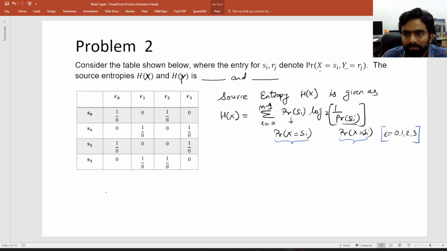Anyone? How do we find, let's say, probability X equal to S0? We have to find probability X equal to S1, probability X equal to S2, and similarly probability X equal to S3, since there are 4 symbols.